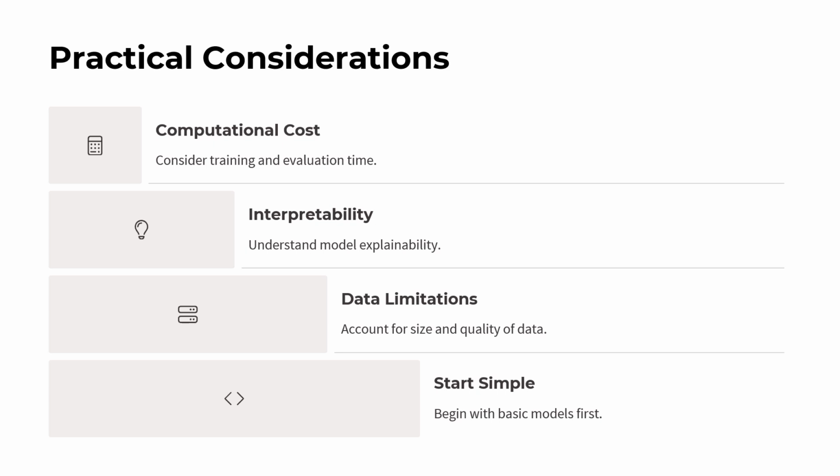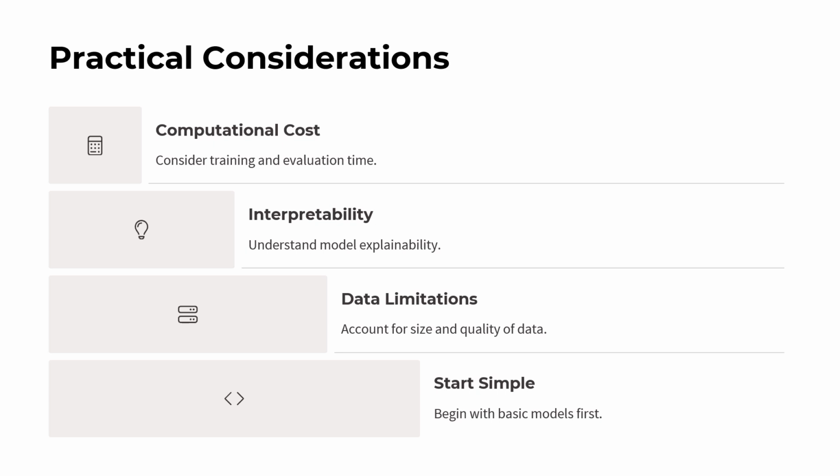Second, interpretability. Interpretability means how easily we can understand the decisions made by the model. This is especially important in fields like healthcare or finance, where understanding why a prediction was made is crucial.